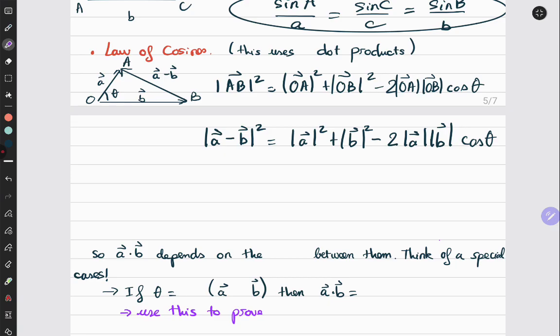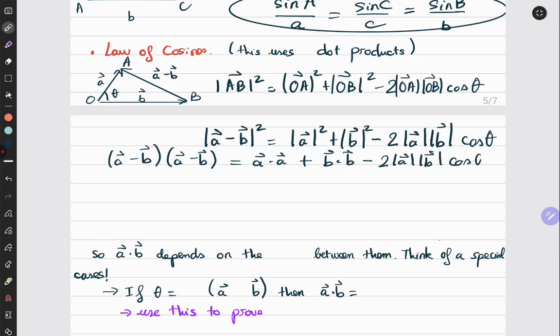So A minus B is just A minus B times A minus B. Equal A times A plus B times B minus 2AB, but these two you still have the length, right? Cosine of theta. Just use that property for 1, 2, 3. There.